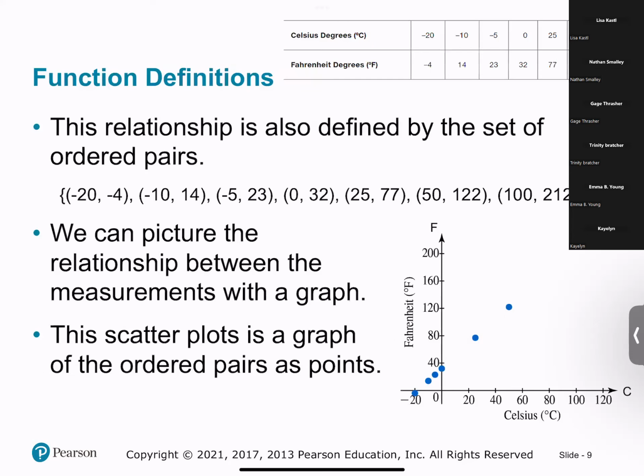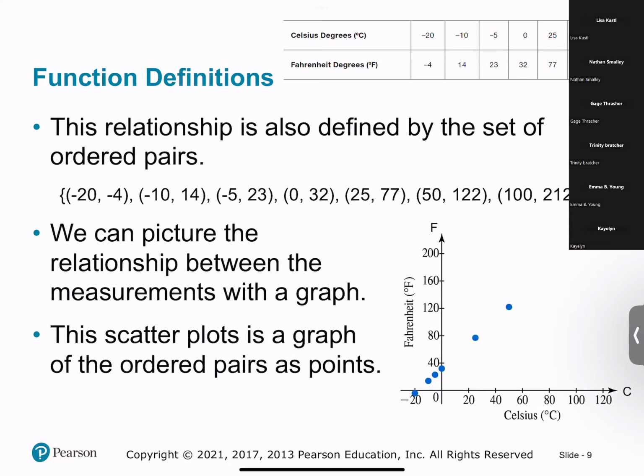All right. So that's what we did. So we have our table of values. Negative 20 degrees Celsius is related to negative 4 degrees Fahrenheit. So we created an ordered pair that describes the relationship between the degrees Celsius and the degrees Fahrenheit. So the ordered pair is (-20, -4).